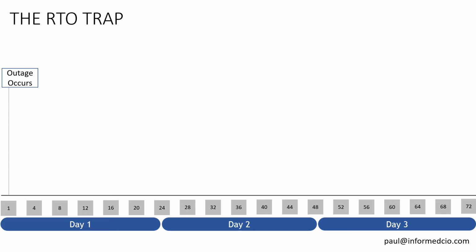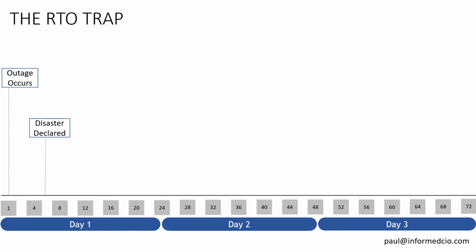So we'll say that in hour one, a disaster occurs. And by the way, this is assuming that you have an RTO of 24 hours on a given system. So in hour one, an outage occurs. Well, you might not actually decide that that outage constitutes a disaster until around hour five.